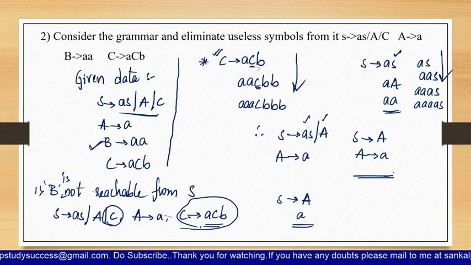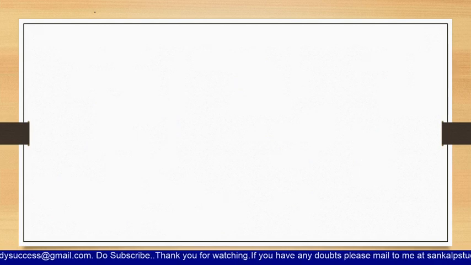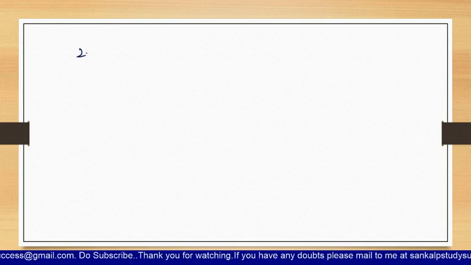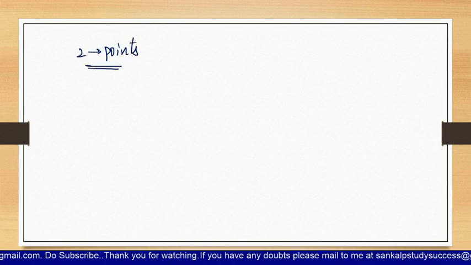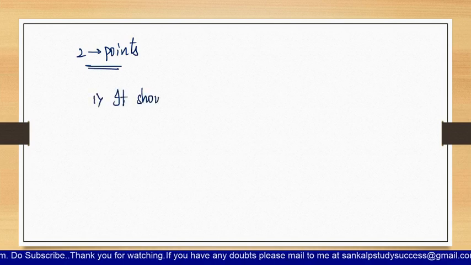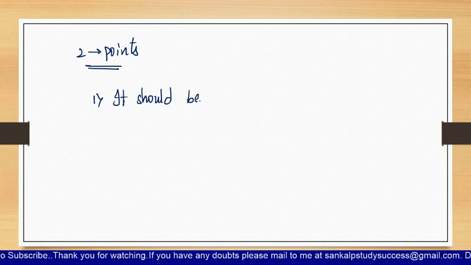So in this way, we need to eliminate the useless symbols. That means there are 2 important points to be noted. The first one is it should be reachable from the start symbol.